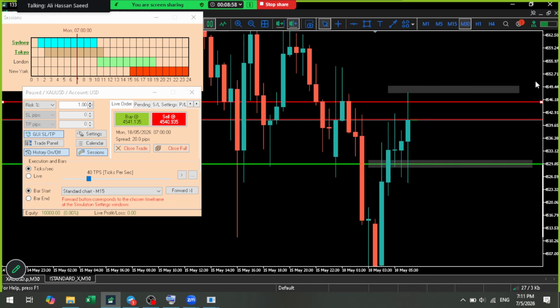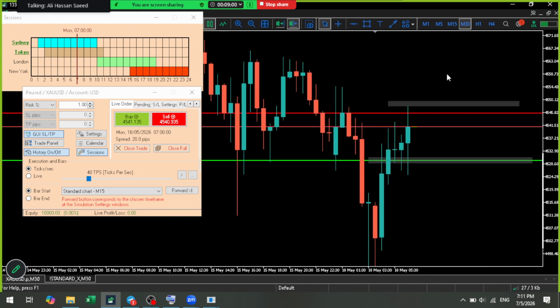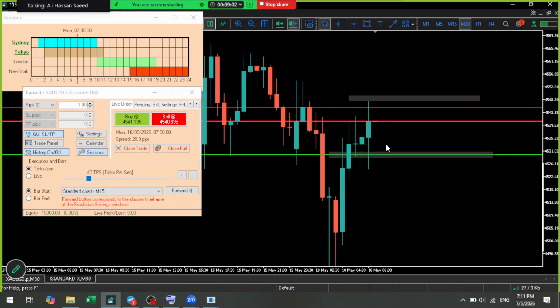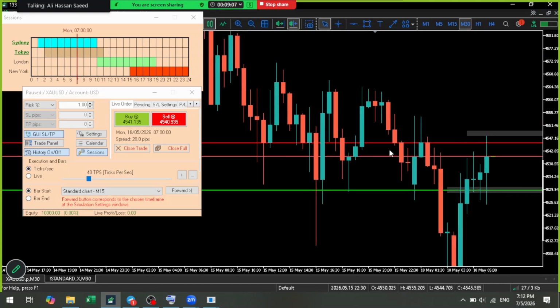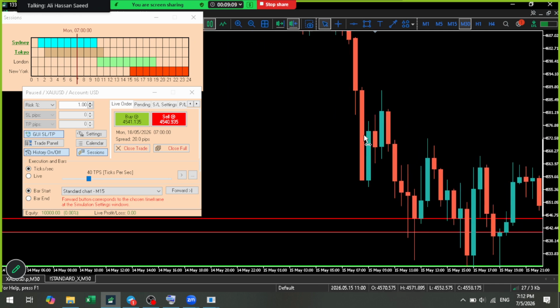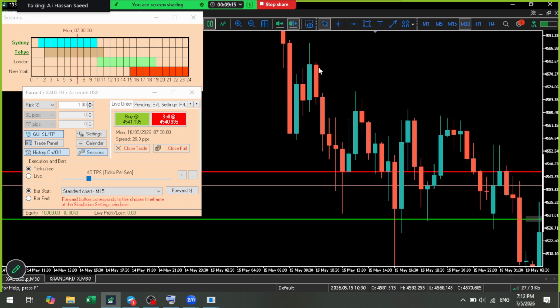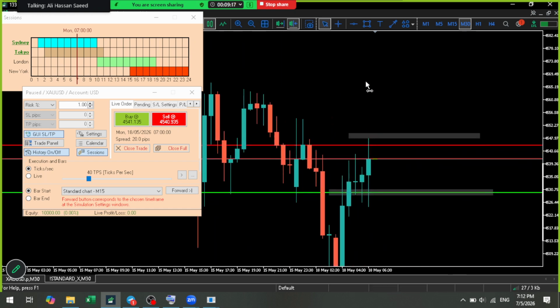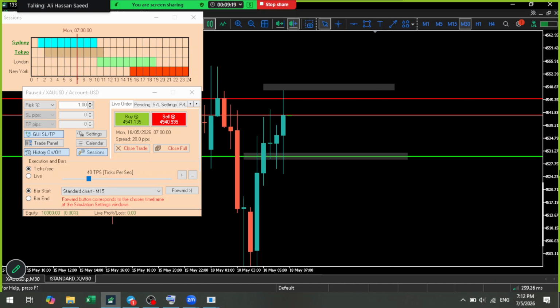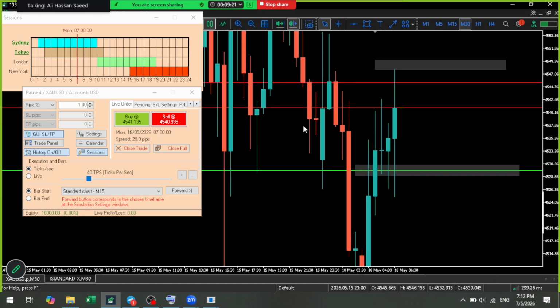So where is price trying to go? We don't know. We need a confirmation below this to push down, to push up. There is not enough clean range. You see resistance, resistance, resistance, and there as well. So let's see if we get any confirmations.